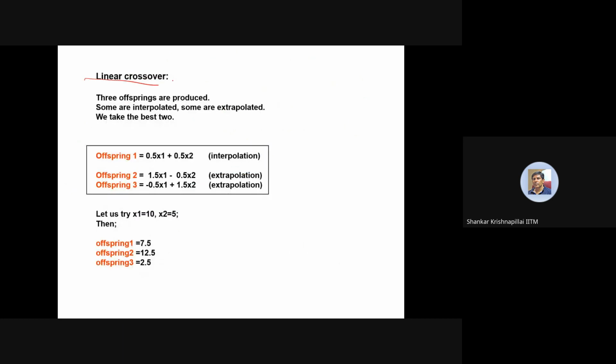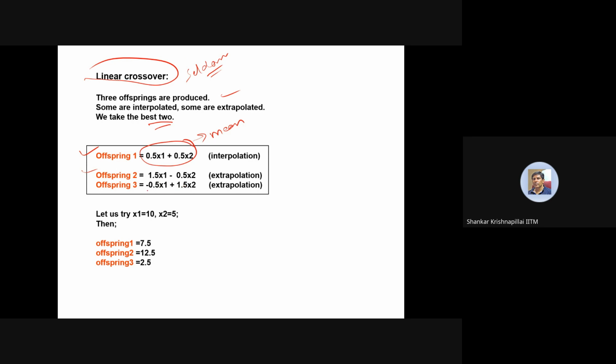There's another type of crossover called linear crossover, which is seldom used. This is an old type of method. Here three offsprings are produced, out of which the best two, or at least two at random, are taken. Offspring 1 is 0.5 times x1 plus 0.5 times x2, which is actually the mean of x1 and x2. Offspring 2 is 1.5 times x1 minus 0.5 times x2.